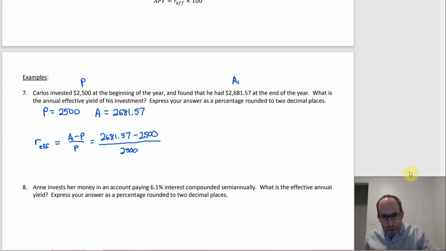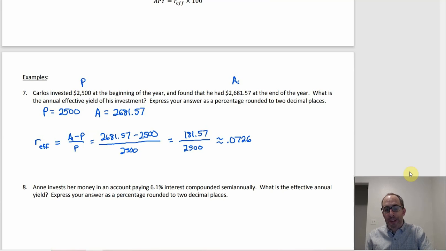That difference in the numerator is 181.57. So this is 181.57 over 2,500. And what you end up with, at least rounding off, is about 0.726.